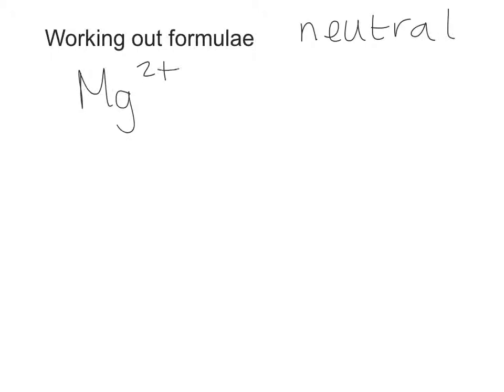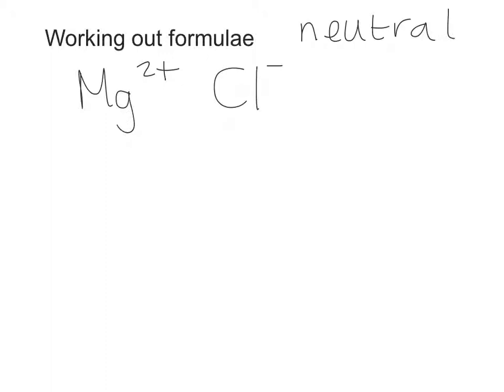Right, in working out formulae, you need to be aware that overall an ionic compound is neutral. It has no charge. So the number of positive charges needs to balance out the number of negative charges. So if we're looking at magnesium chloride, you've got Mg2+ and Cl-.